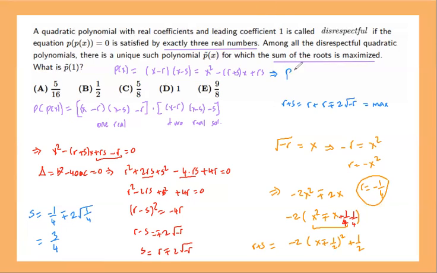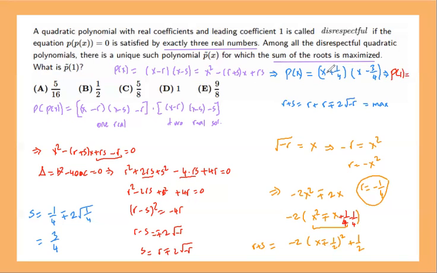So p of x is equal to x minus r, and r is negative 1/4, so x plus 1/4, times x minus s, which is 3/4. Based on this, if you just plug in 1 for x, that should give us our answer.